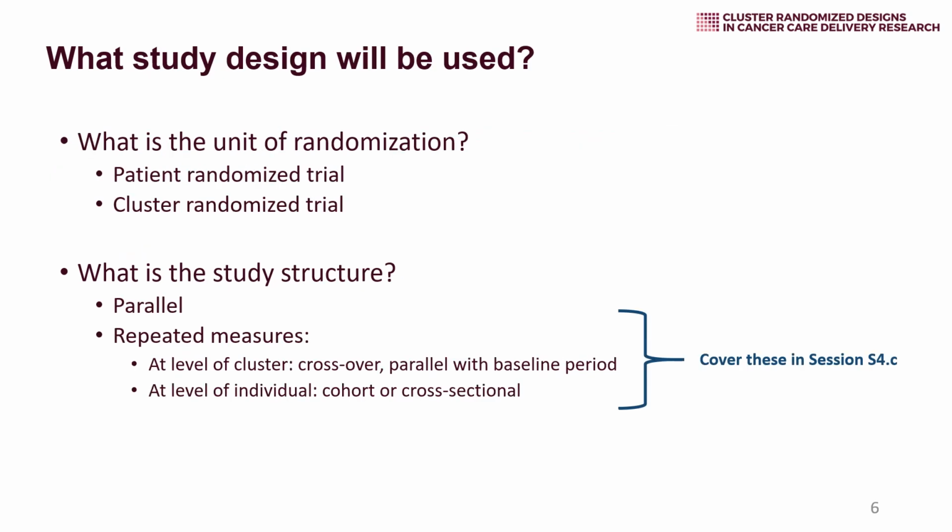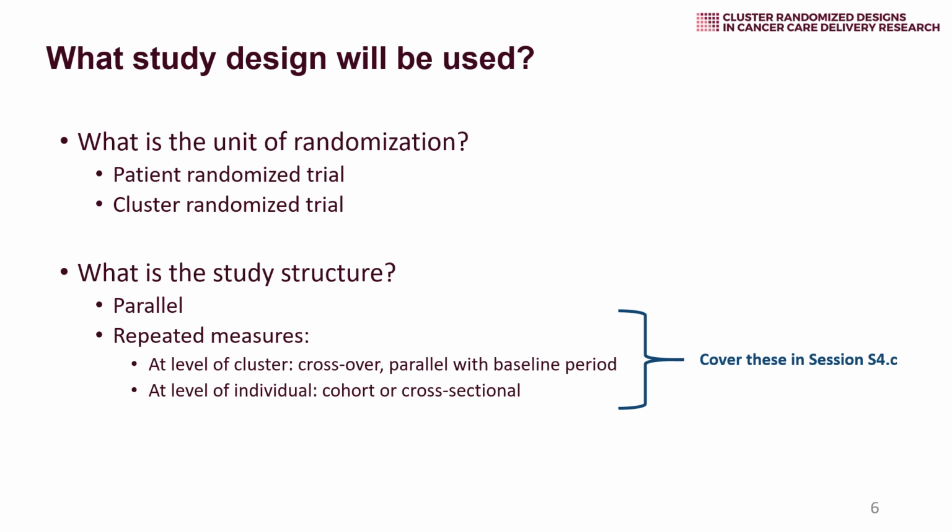So what study design will be used? Well, in this particular mini session, we are going to think about determining sample size both in patient randomized trials and in cluster randomized trials. The first thing to consider is what is the unit of randomization? But it goes beyond that. We also need to consider other aspects of the study structure.